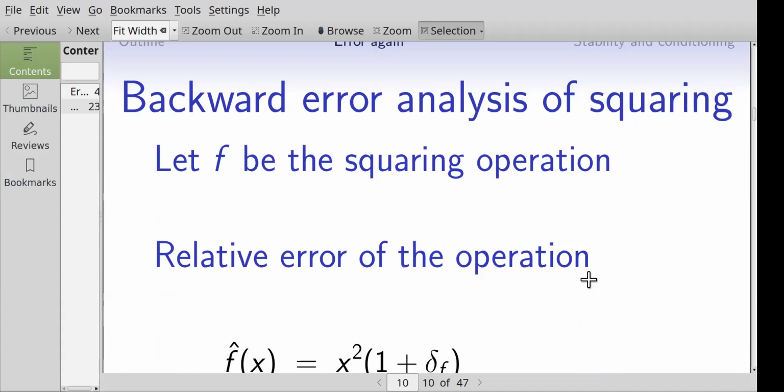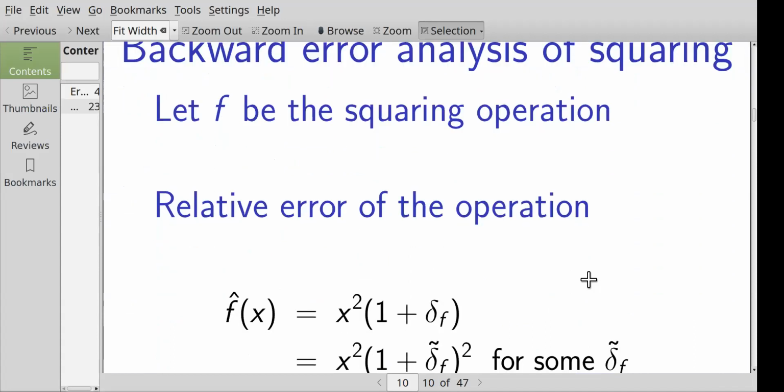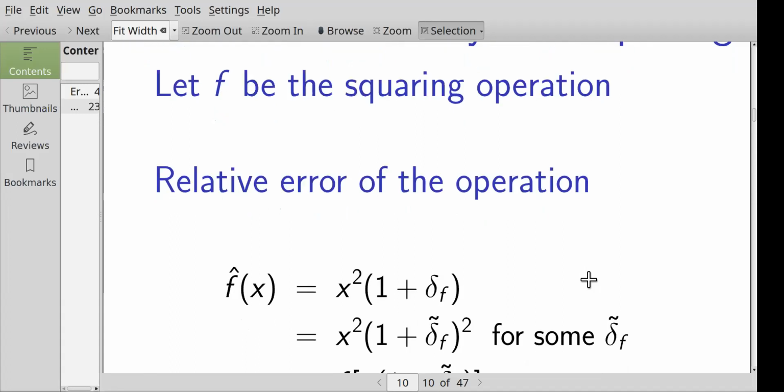Okay. Another way of looking at this, and this is called the backwards analysis, is to say you're doing an operation on x, right? But I'm writing a hat above the f because I want f of x squared, but that floating point operation might be giving us some errors.